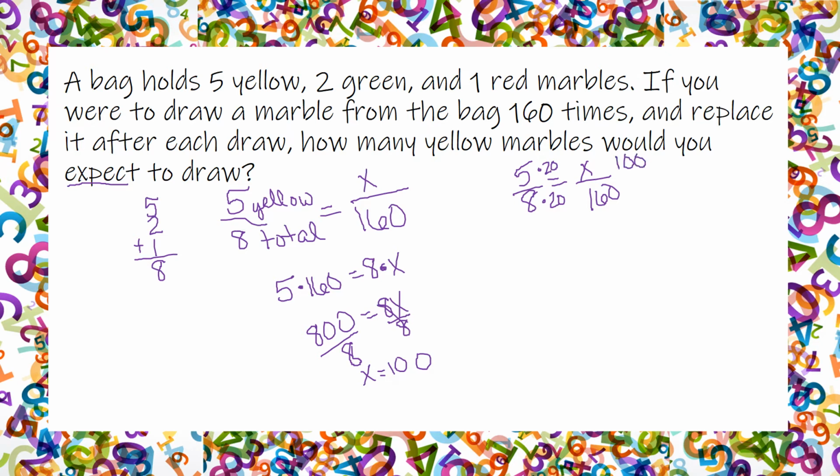You could also do 5/8 times 160, and you would still end up with 800. Remember, this is always over 1 over 8, and that still gives you 100. So out of 160 times of drawing, you should expect to get yellow 100 of those times.